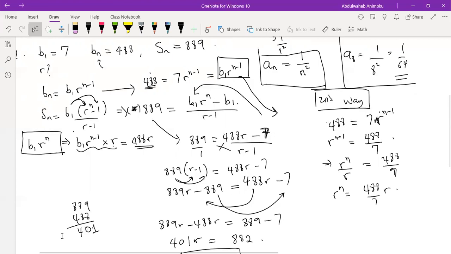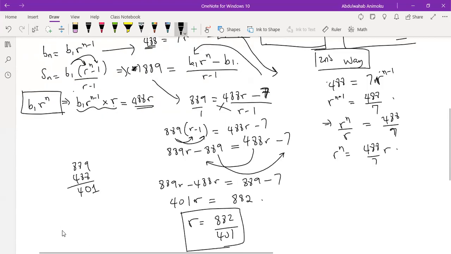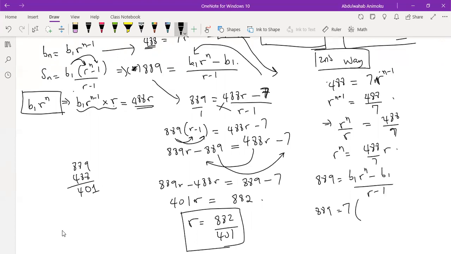Now that you know this, you can come back to the equation 889 equal to b1 r raised to power n minus b1 over r minus 1. So which gives us B1 is 7. R raised to power n, you just got it. 488r over 7, then minus 7 over r minus 1.